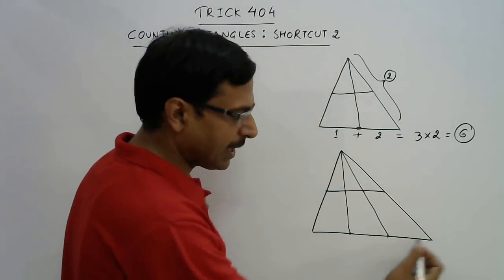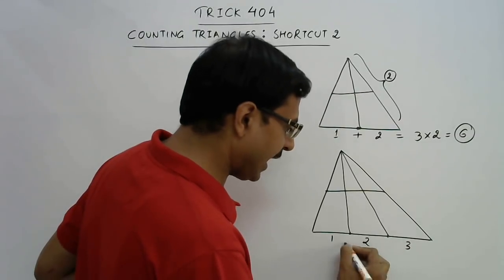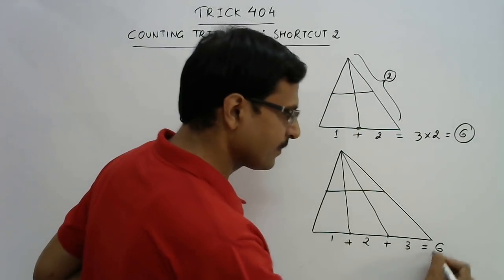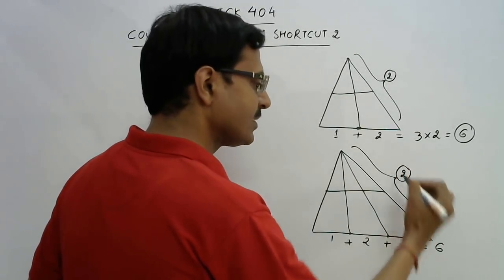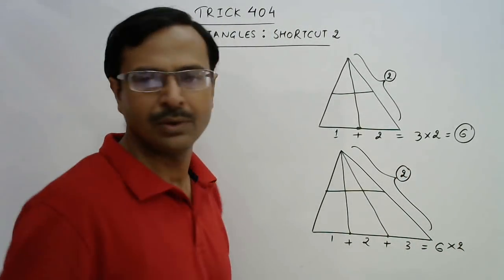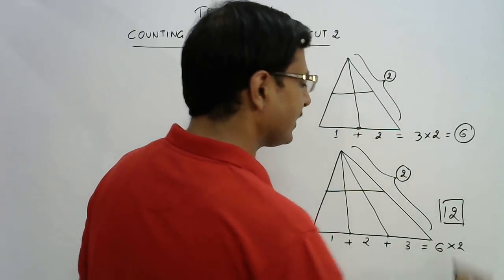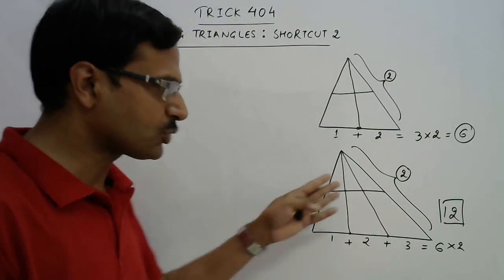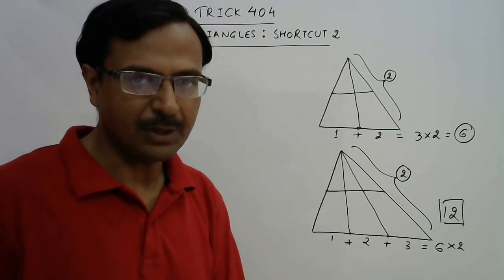Now name the parts of the base 1, 2 and 3 and add the numbers, you get 6. And on this side you have 2 parts, so just multiply by 2, you will get your final answer as 12 triangles. You can actually count the triangles and see your answer will never be wrong.